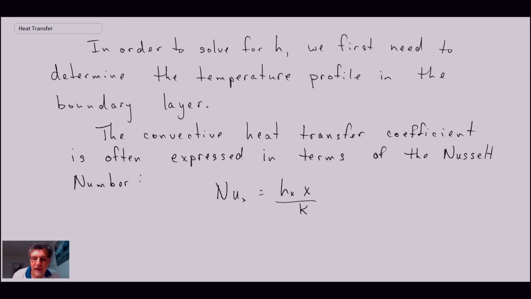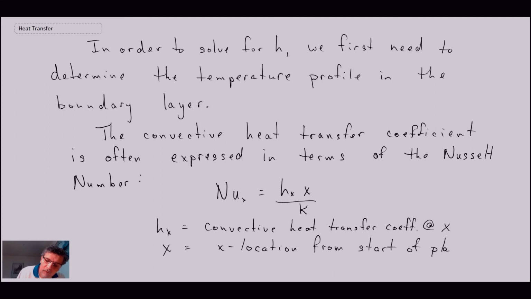What it is, it's the convective heat transfer coefficient times some characteristic length scale, in this case x, the distance from the start of the plate, divided by the thermal conductivity of the fluid. And so let me write those out. Okay, so a Nusselt number is the number that we will use quite often.